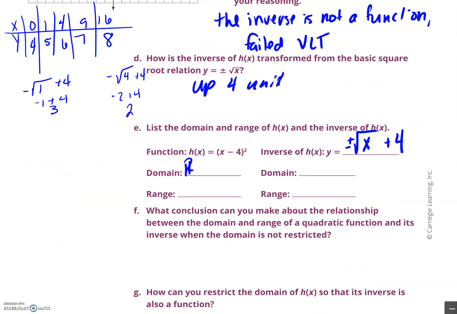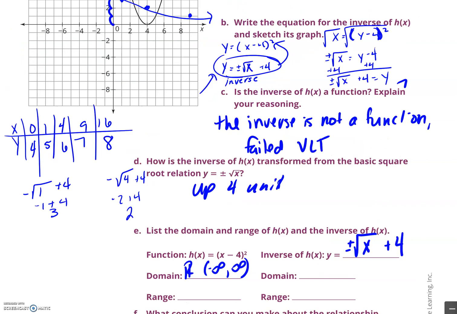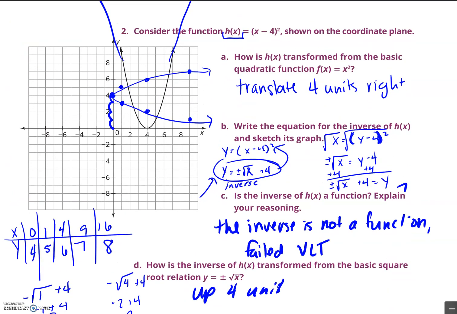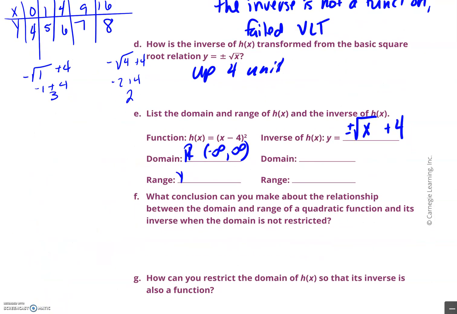So all real numbers, or in interval notation, negative infinity to infinity. Our range, remember, range is up and down. It exists everywhere above a y value of 0. So when y is greater than or equal to 0, or in interval notation 0 to infinity.